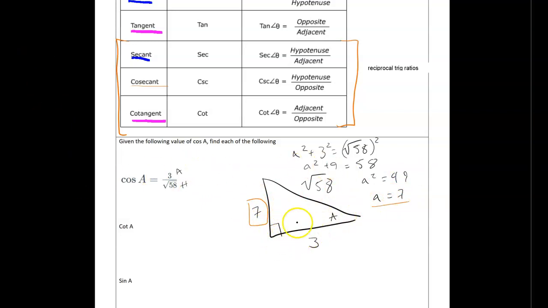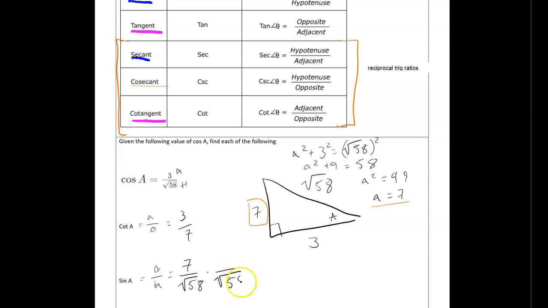And cotangent of A, well, this is adjacent over opposite, which is equal to 3 over 7. And then sine A is opposite over hypotenuse, which I'm just, again, getting from my table. And that's 7 over the square root of 58. However, I don't like having my square root in the bottom, so I'm going to multiply by a funny form of 1.